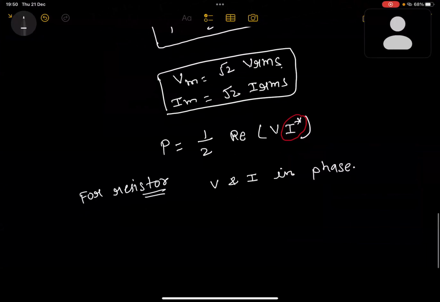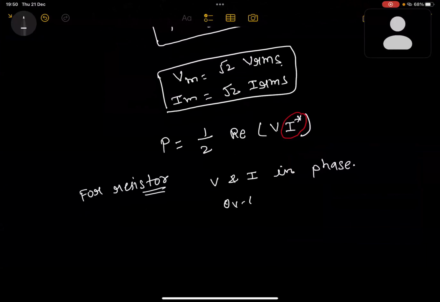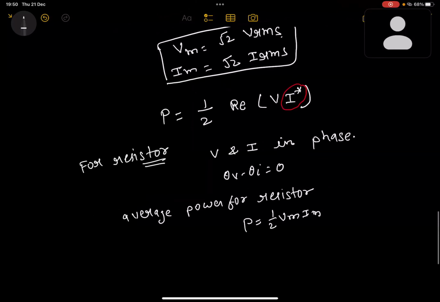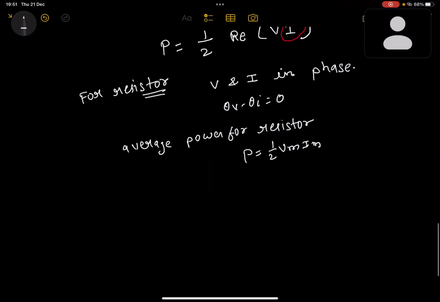In phase means theta v minus theta i is 0. So the average power for a resistor, P equal to 1 by 2 Vm Im.